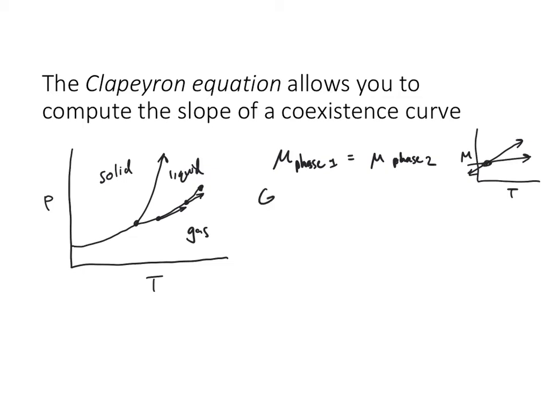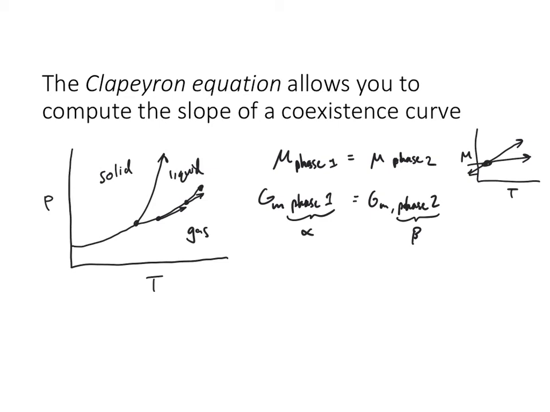And another way to write this for a pure system is that the molar Gibbs free energy of phase 1 is equal to the molar Gibbs free energy of phase 2. But instead of writing phase 1 and phase 2, I'm just going to simplify this by doing alpha and beta. All right?